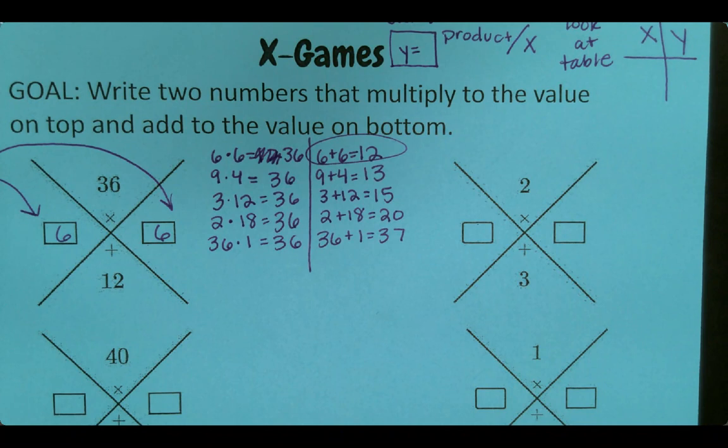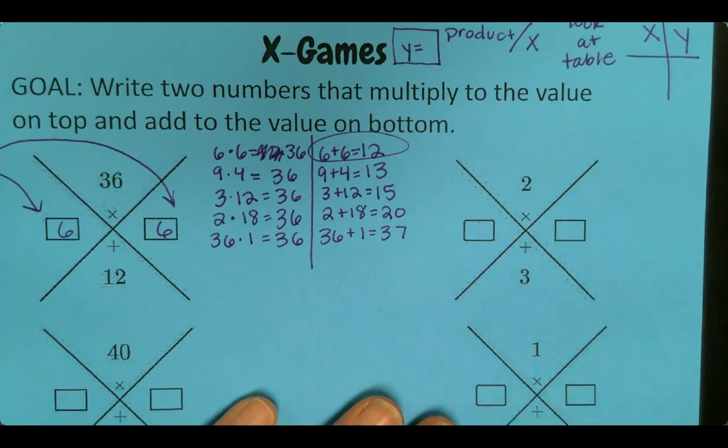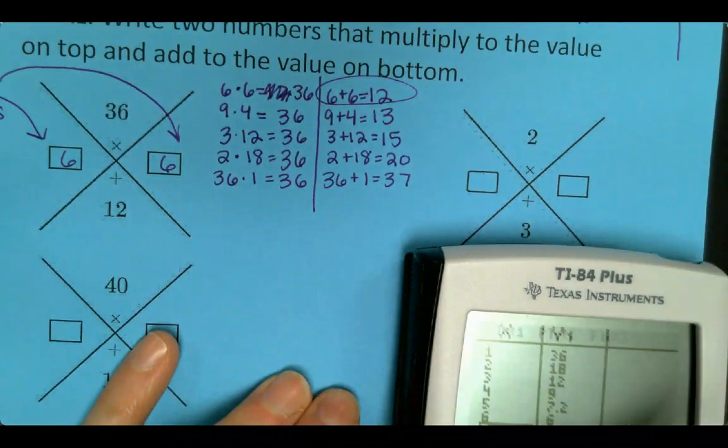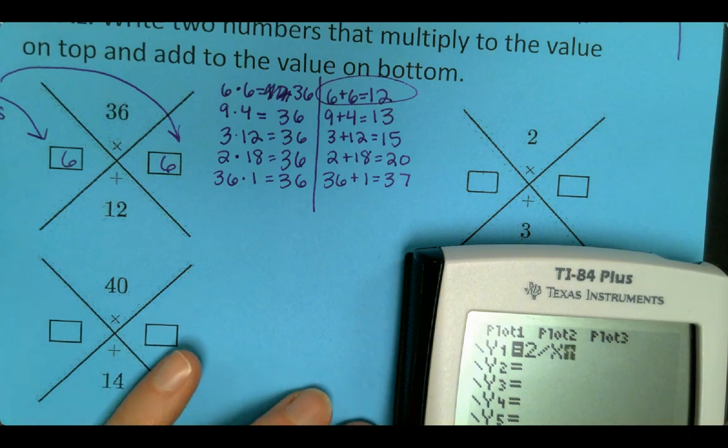We want to find the two numbers that multiply to get 2 and add to get 3. So you can find all the factors of 2 by going to y equals, clearing out what's in there, 2 divided by x, and then go second graph for the table.